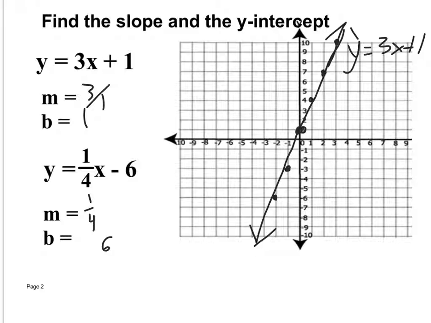We call it the parent function. y equals mx plus b. What's different about this compared to y equals mx plus b? This says minus 6, doesn't it? Instead of plus 6. So my b would not be 6, it would be negative 6.